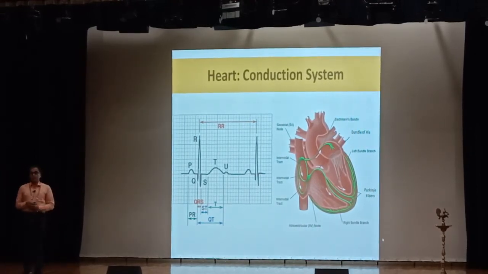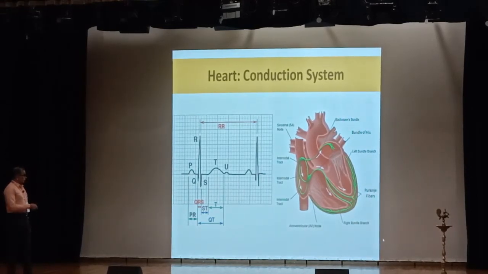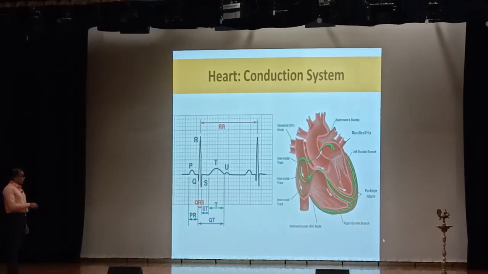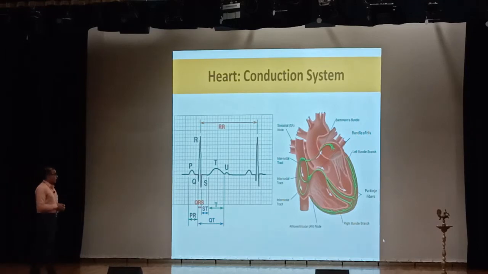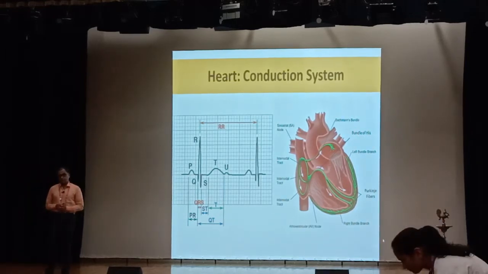In the ventricular septum it divides into left and right bundle branch, and then the left bundle branch again divides into left anterior and left posterior branch, and the right bundle branch and left anterior and posterior branches depolarize the free wall of the ventricles. This is how it takes place.